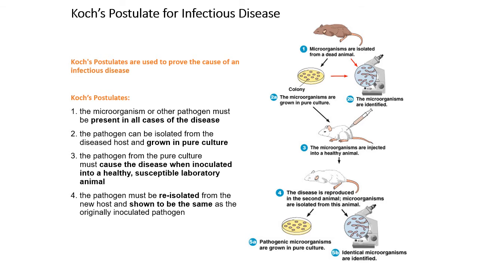It shows this concept. You have a dead animal, you isolate microorganisms from the dead animal, you grow them on a culture dish, you look under a microscope to identify them, you inject into a healthy animal, that healthy animal dies, and when you look at the second animal, you can see here under a microscope they look the same as the original bacteria.